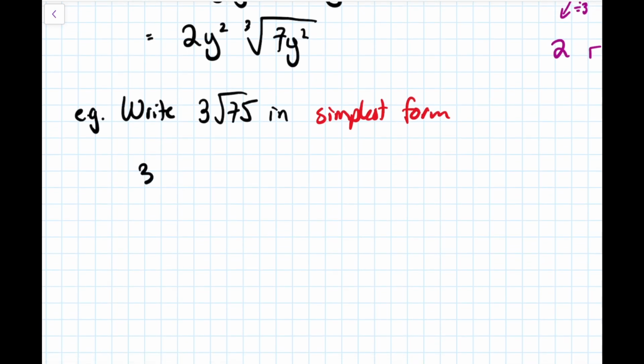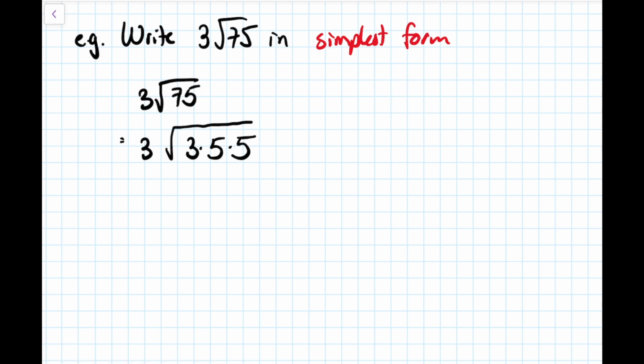So if we take this, our 3 root 75, we're going to kind of just ignore the 3 for now. So 75 is going to break up into 3 and a couple of 5's. We're going to make a group of 5's, same as usual. So if we ignore this 3, then what we'd have is a 5 coming out of our root, and we'd have a 3 left on the inside.